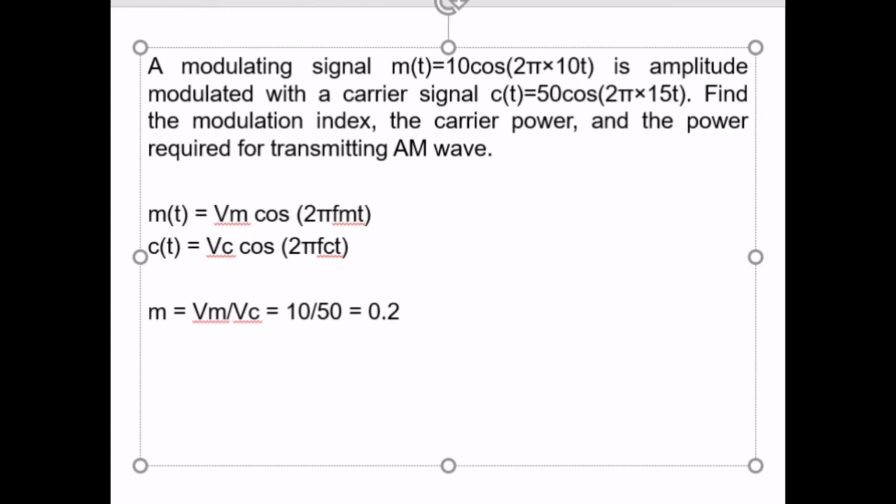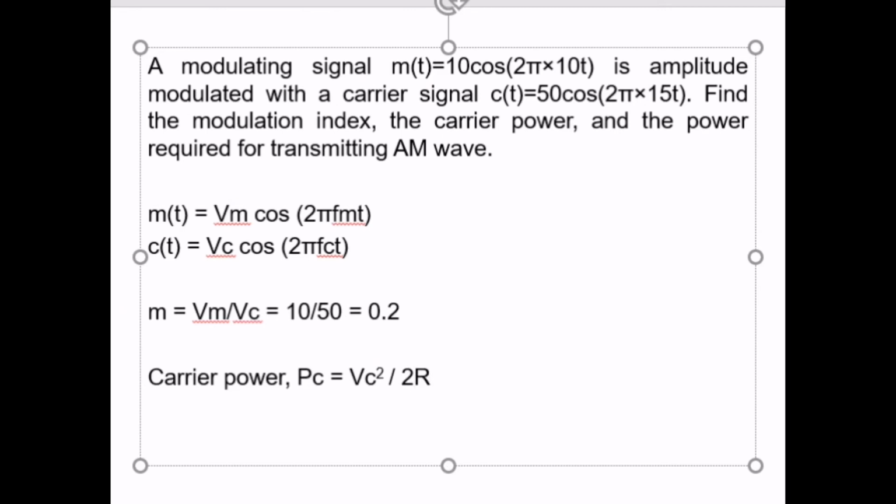How about the carrier power? For the carrier power Pc, you need to use this equation. Pc is equal to Vc square divided by 2R.